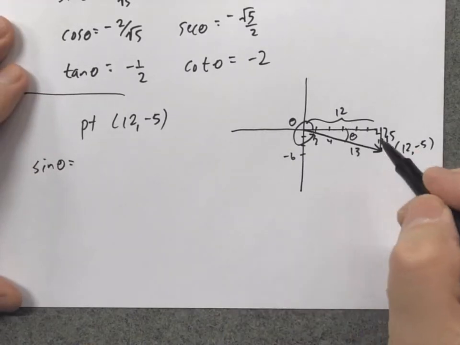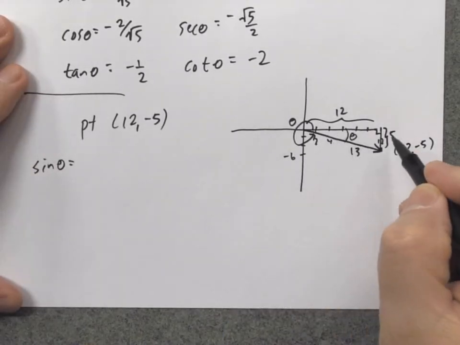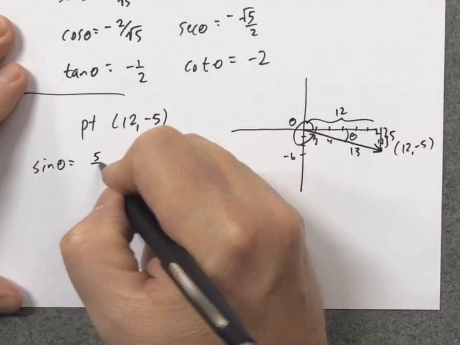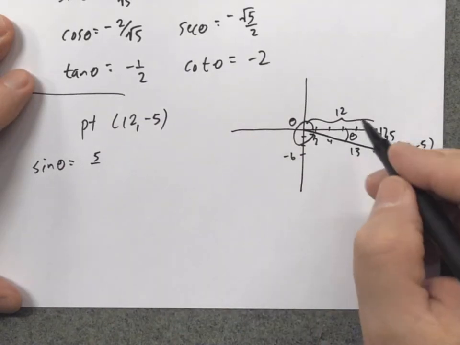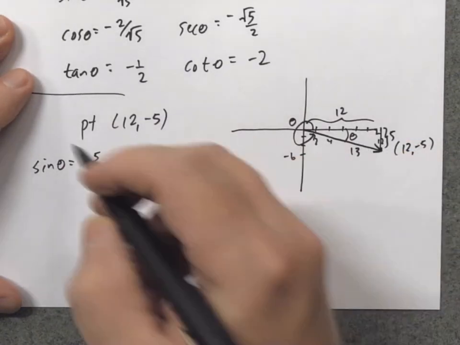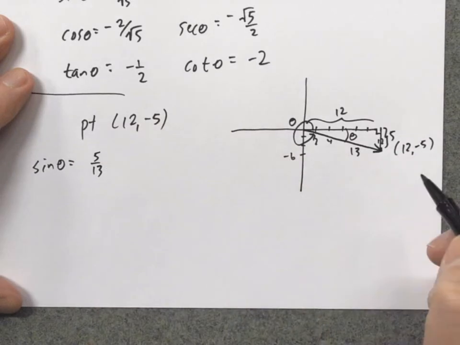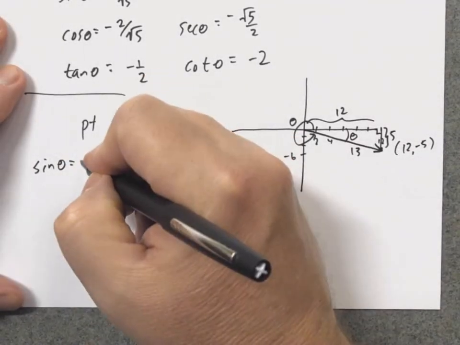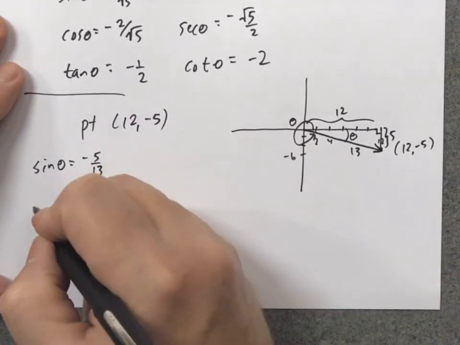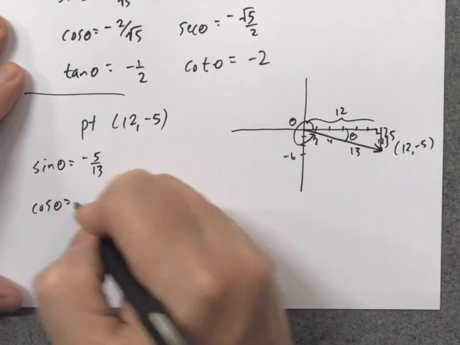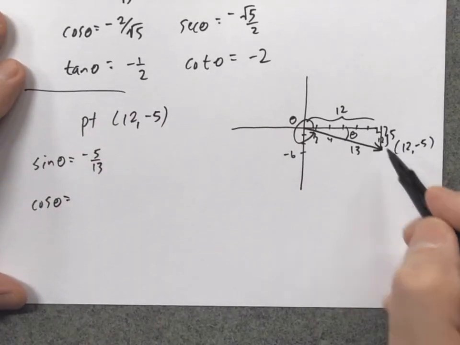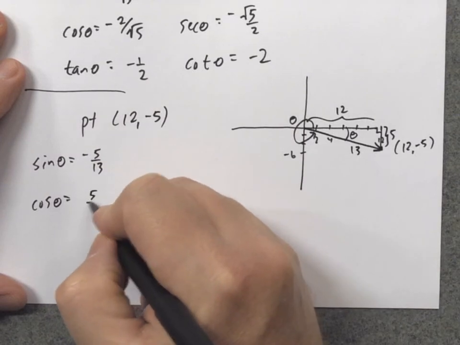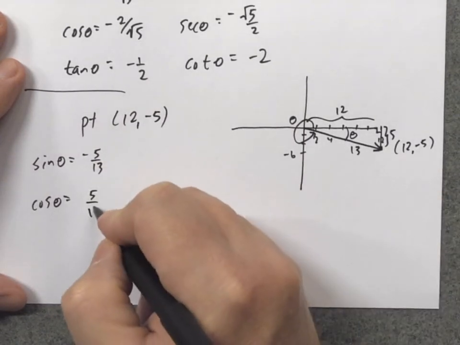So the sine is, here's my angle, opposite 5, so opposite over hypotenuse. In quadrant 4, what's the sine? The sine is like y, it's negative. Cosine is adjacent over hypotenuse.